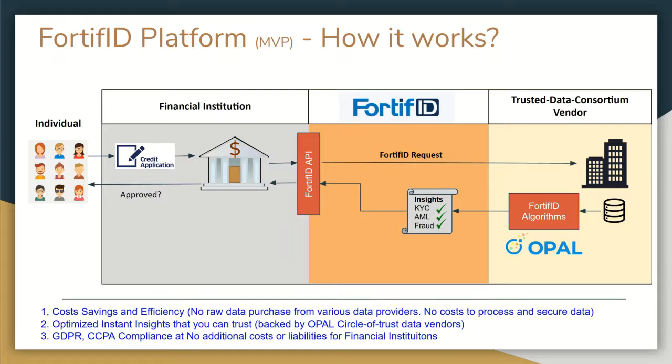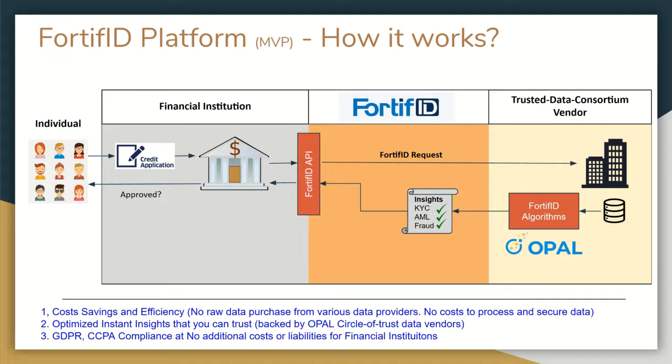The open algorithms are abbreviated OPAL, and it is a recent MIT innovation, and Fortified happens to be the first commercial application use of these algorithms. In addition, once this raw data is translated into information insights, our platform would then relay it onto the financial institutions, and our API would communicate the information that the banks need in order to make their decisions on individuals.